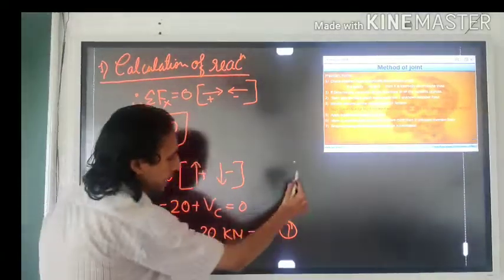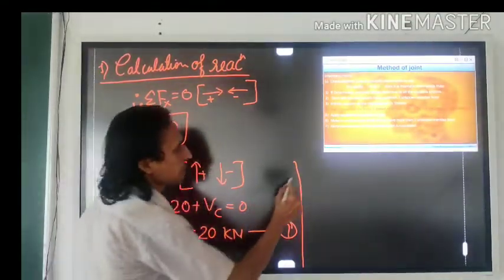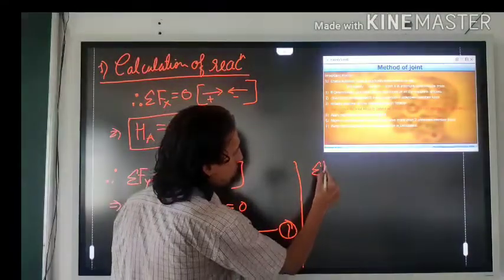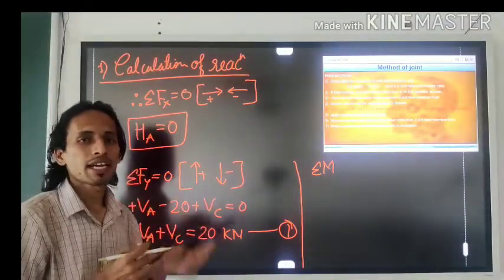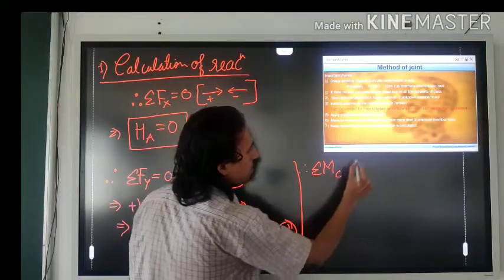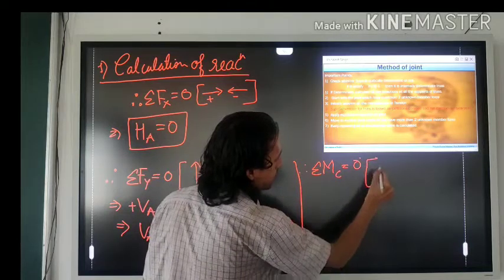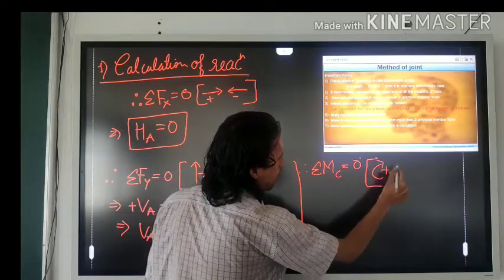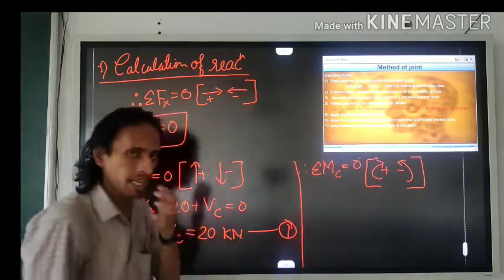Okay, then you can apply another equilibrium condition. What is it? Summation of moment at any point is 0. Let us say we are checking for the point C is equal to 0. The sign convention that we are using is clockwise positive, anti-clockwise negative.